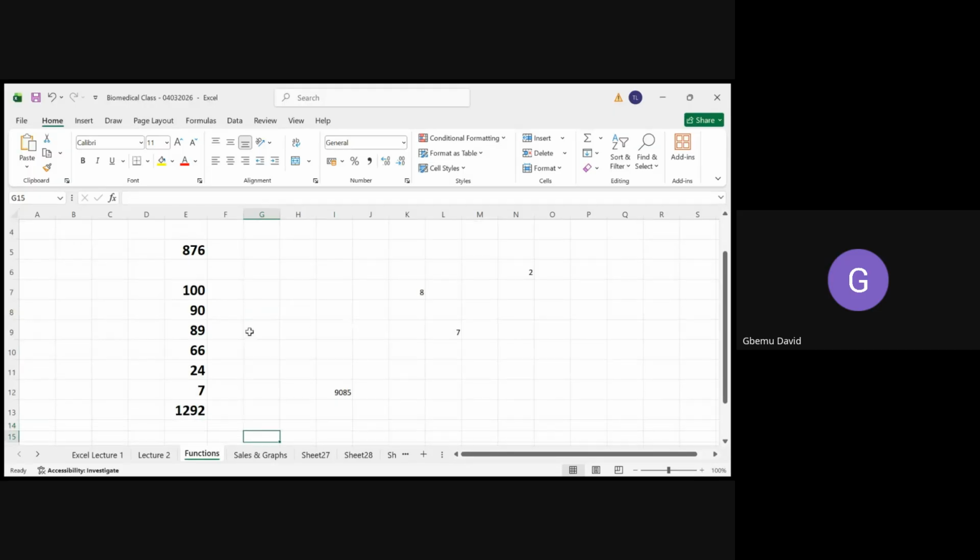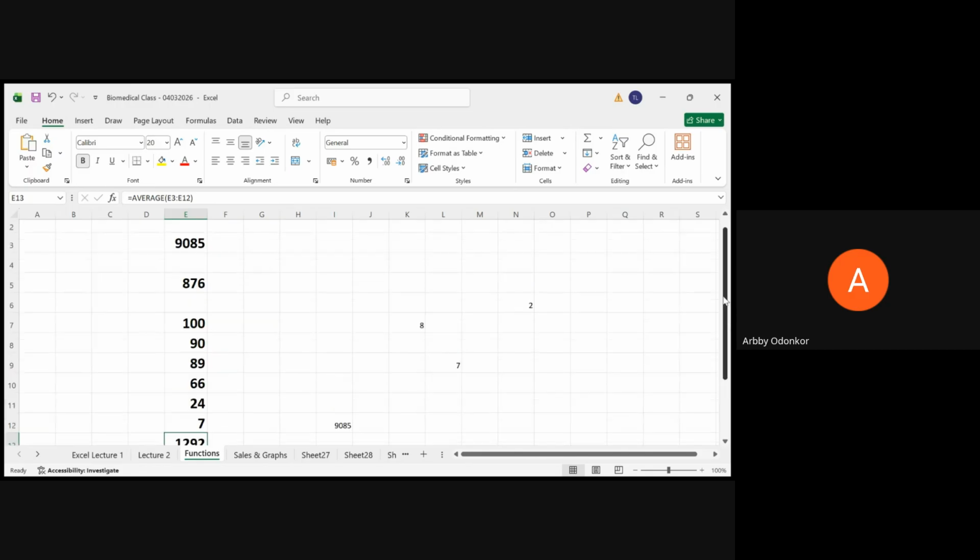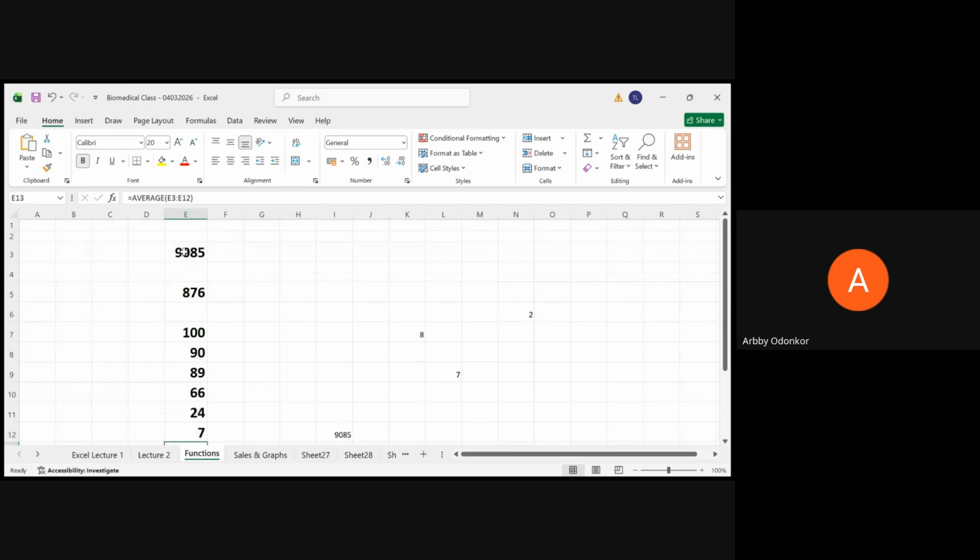Yes, madam. Good. So you know the formulas. If you want to calculate average, it's from E3 to E12, and then you find the average.